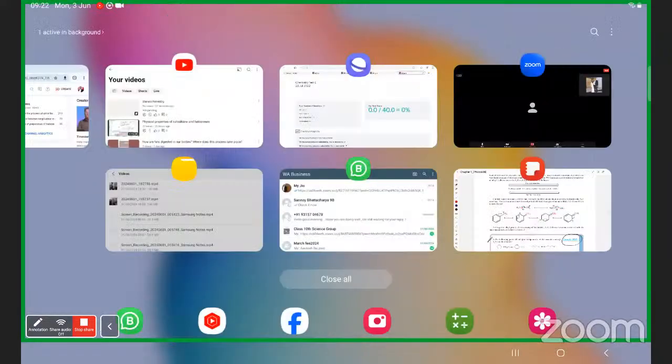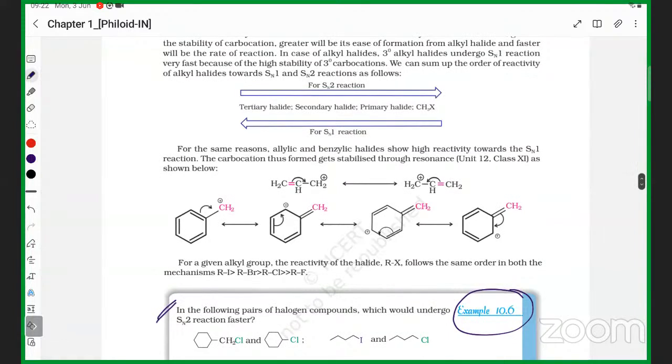Now is it visible? Question number 10.6. Can you see this? Yes, sir, now I can see example 10.6.